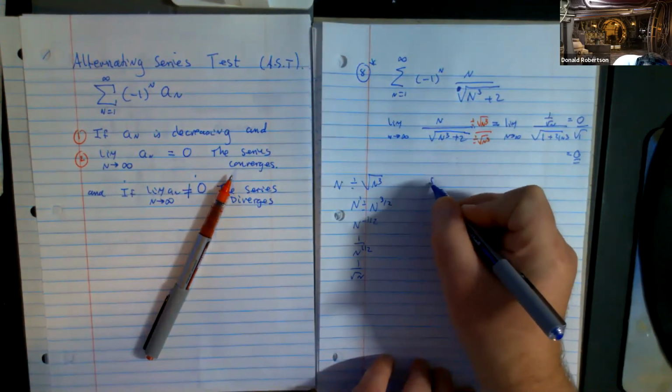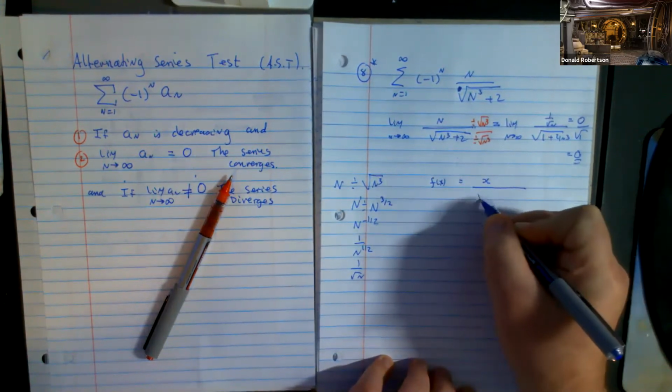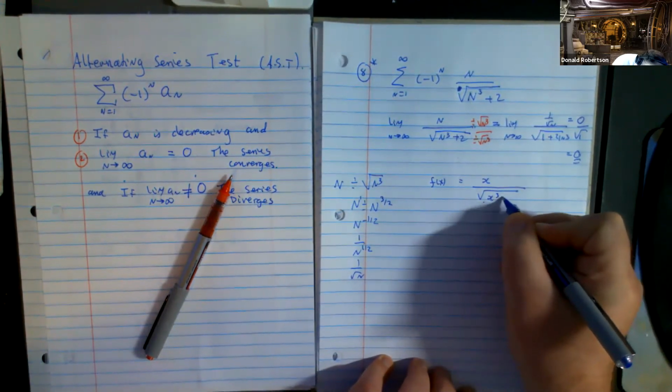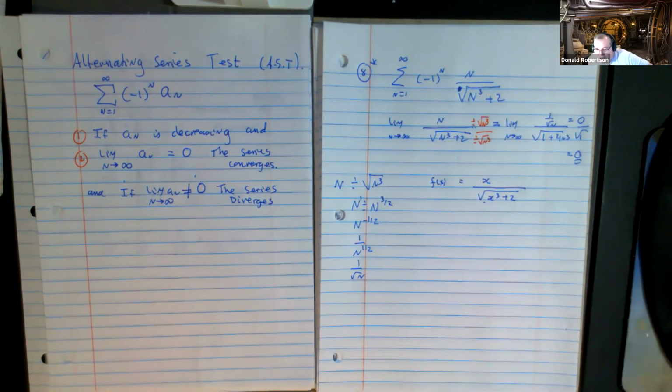Now, this is the second part where things get crazy. This is, by all intents and purposes, the ugliest looking function that we've seen that we need to differentiate.